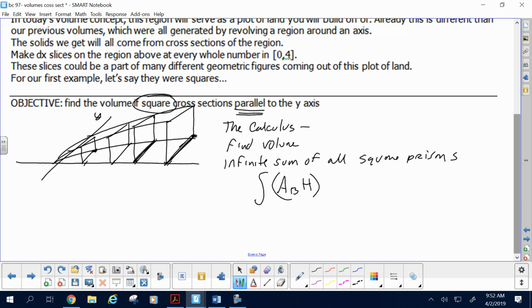Now, the area of the base is going to be the area of that face. I'll come back to that. But the height is how thick the slices are. The height then is the thickness. And what do you reckon that will be? It'll be dx. Okay. Why isn't it dy?